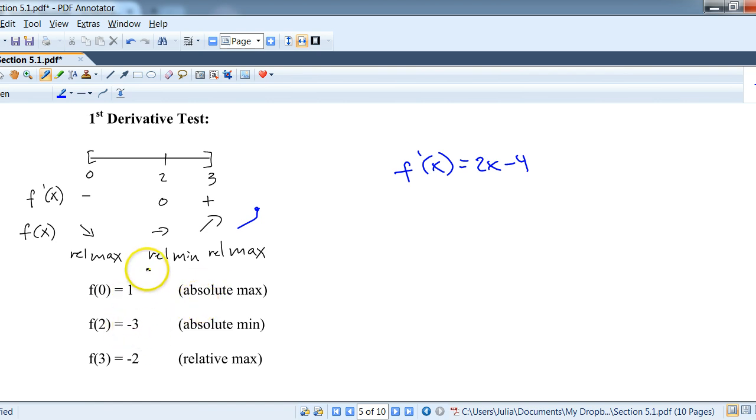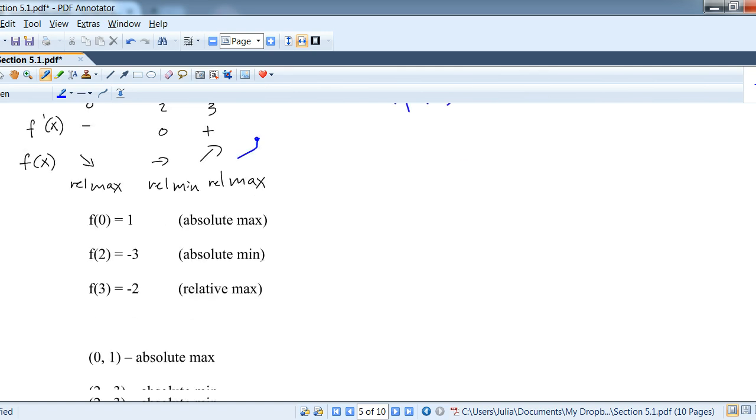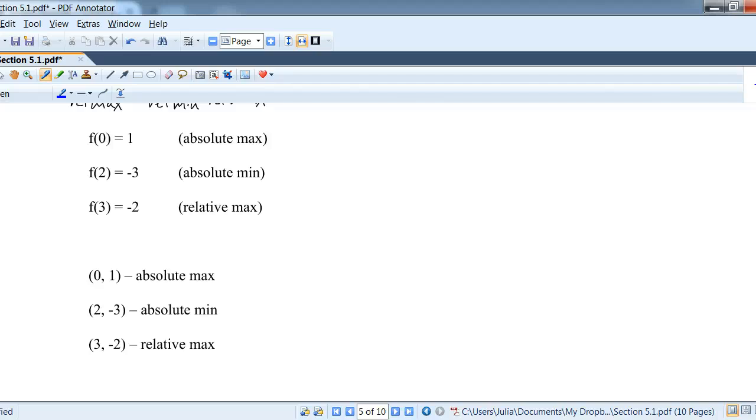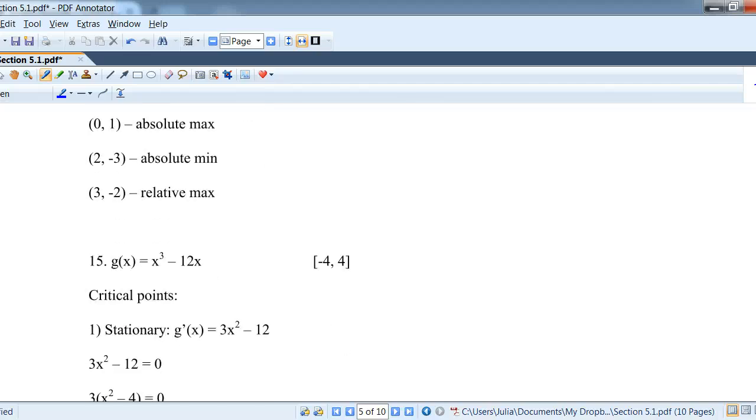The lowest y value is the minimum; since we only have one minimum, it becomes absolute because it's the lowest. And then 3 was another maximum, but the y value was smaller than at 0, so it stays a relative maximum. And that's typically the idea how you can do it for a lot of the problems the same way.